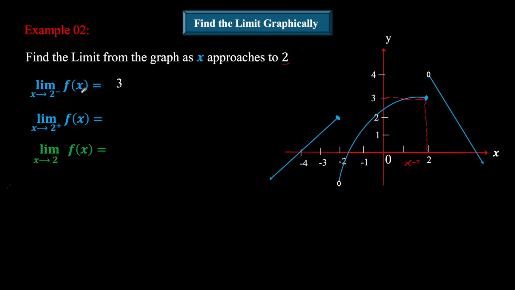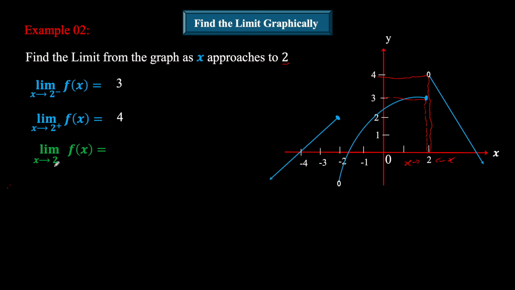So from the left side, the limit as x approaches number 2, f of x is equal to number 3. Now we check from the right side, x approaches number 2 from the right side, and we see that f of x approaches number 4. So from the left side it is number 3, from the right side f of x approaches number 4.